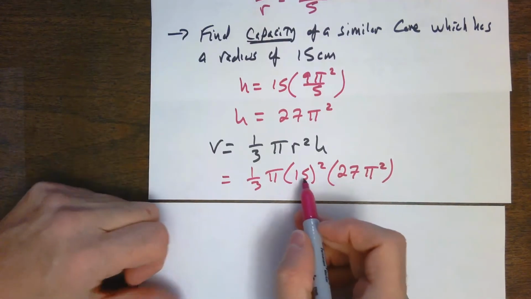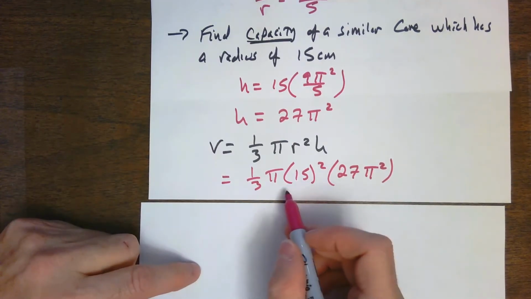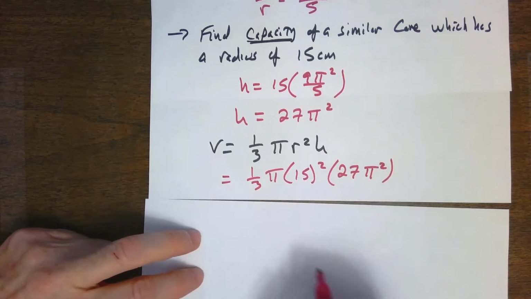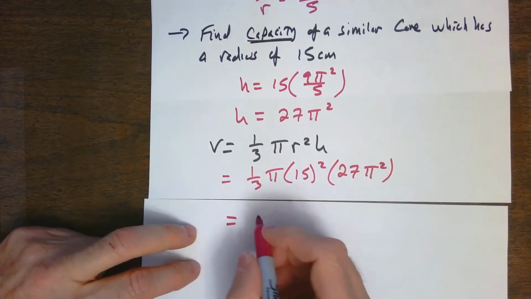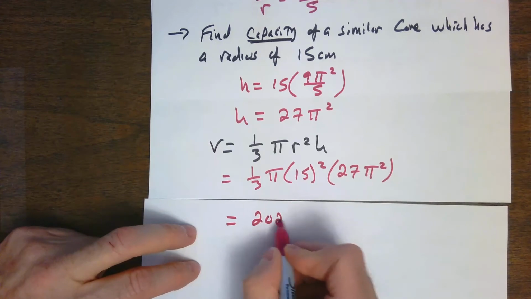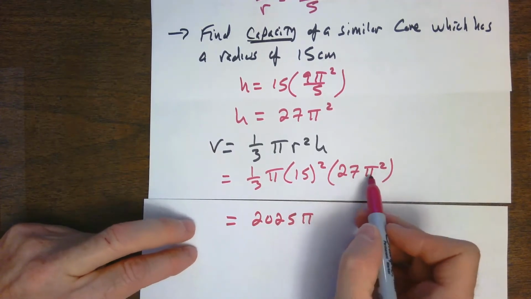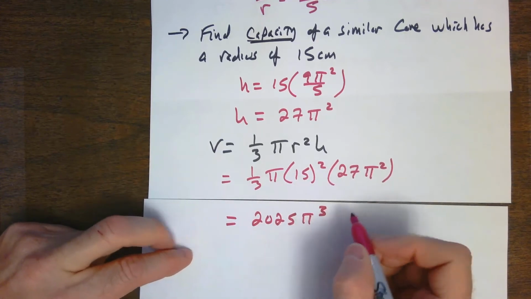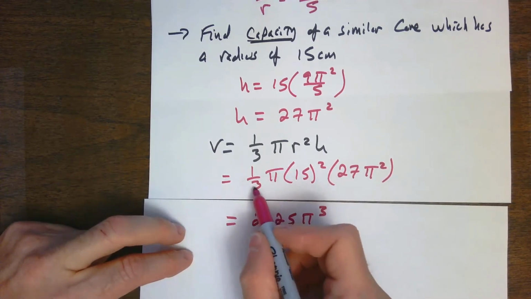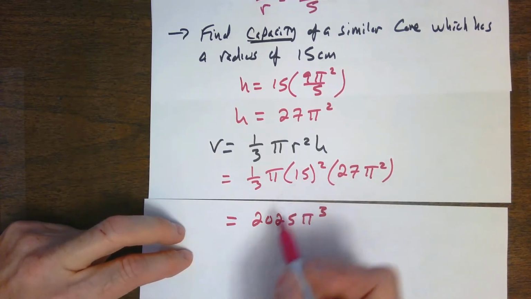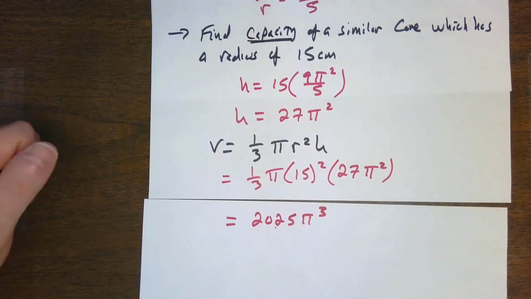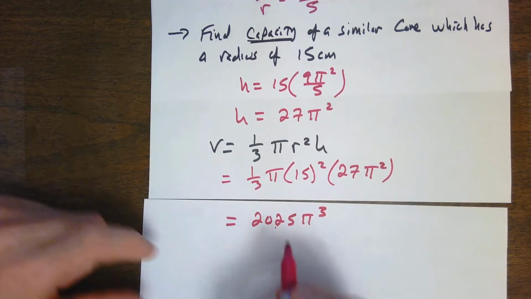Oh gosh, let's see, 15 and 15, 225 divided by 3 times 27. On the calculator, I think you get 2,025 pi. Oh, this is weird. Pi squared and pi cubed. 27 divided by 3 is 9 times 225, 2,025. Okay, there we go.